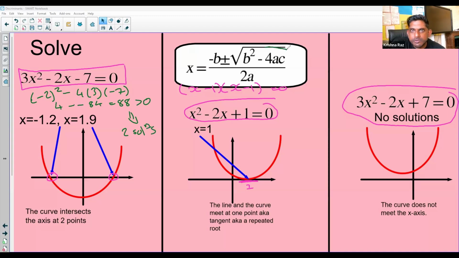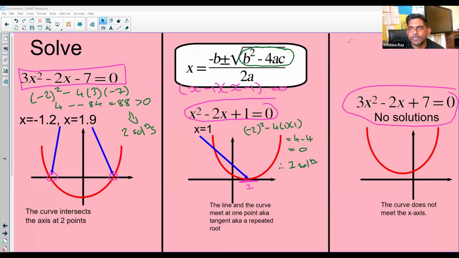If we did the discriminant here, what we've got is minus 2 squared minus 4 times 1 times 1. This ends up being 4 minus 4, which is 0. Therefore, one solution, which again is what we saw.